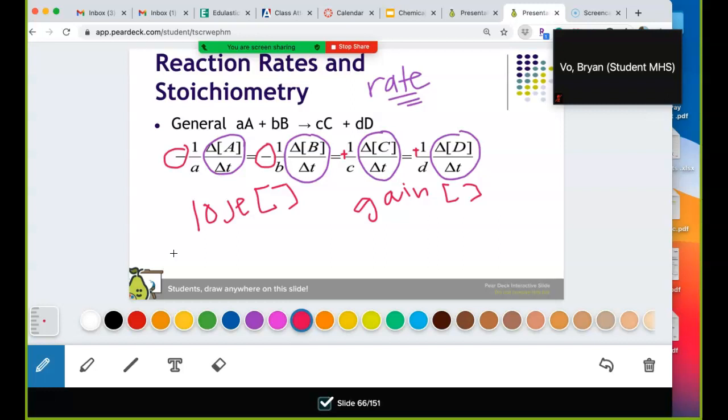So things can lose concentration faster than things gain, and vice versa. So the rate of a reactant or a product, they don't have to be equal. Like you can lose one reactant faster than you're gaining the product. So we're going to do some practice with this, 2 practices actually, and then we will go from there.